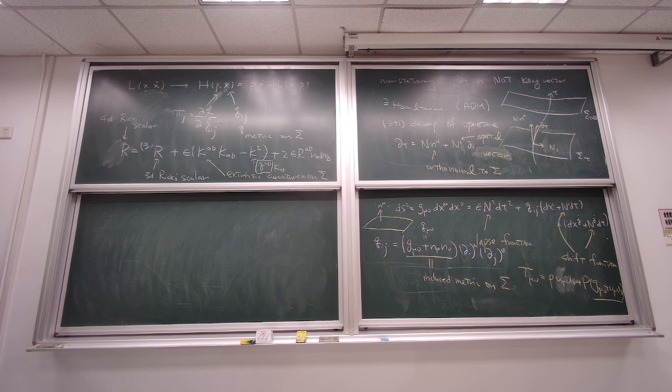Therefore, this will give you a boundary term, which is something like this way: del V, and then del A n B minus n B del A, d sigma B.